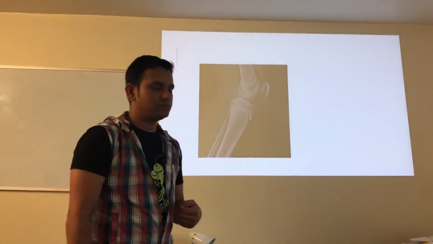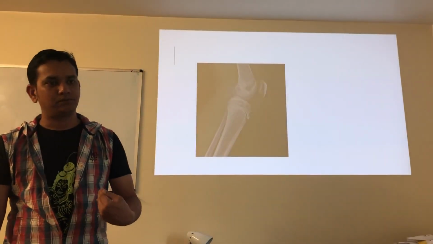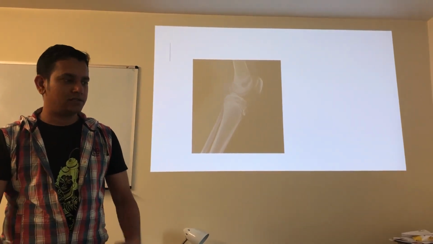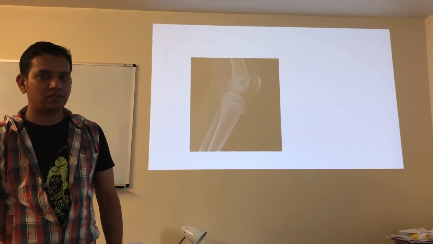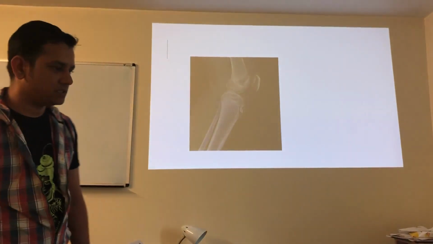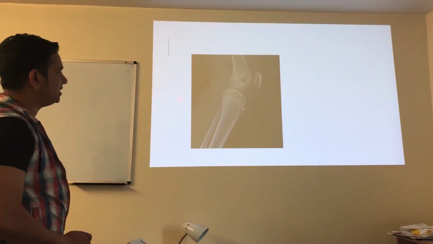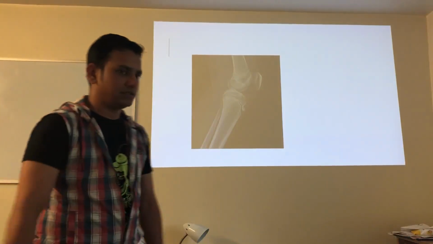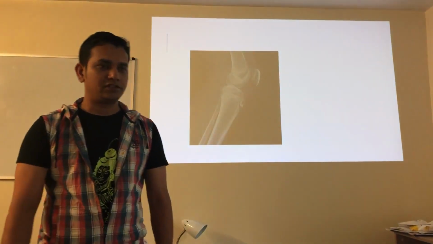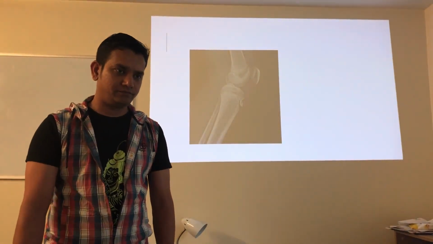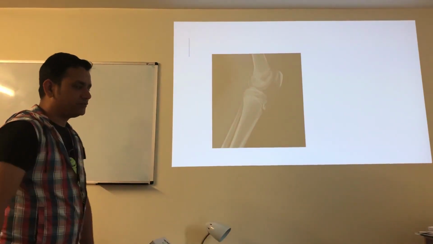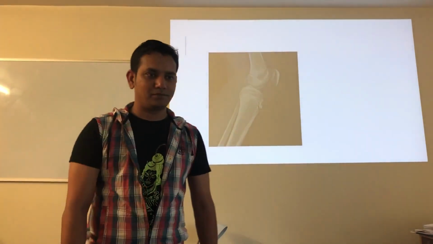A 14-year-old was playing in school and she fell. She comes with a painful knee and is not able to do active movement, but passive movement is possible with discomfort. What is the abnormality you will see on this X-ray? Proximal tibial avulsion fracture.